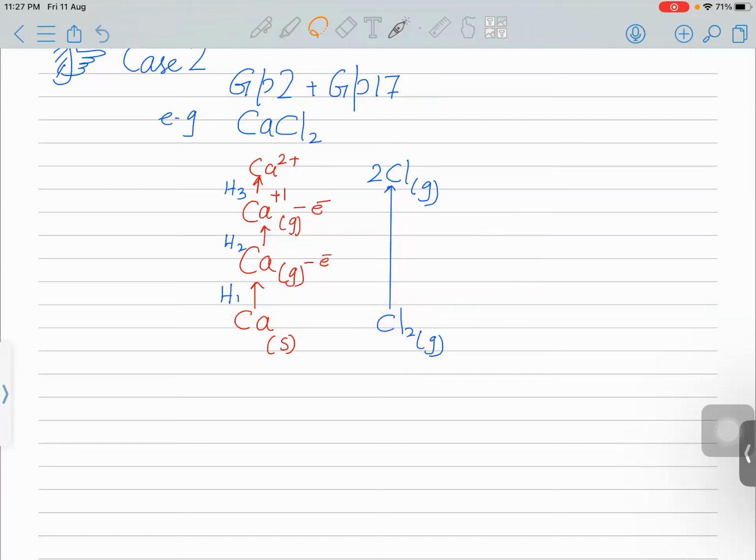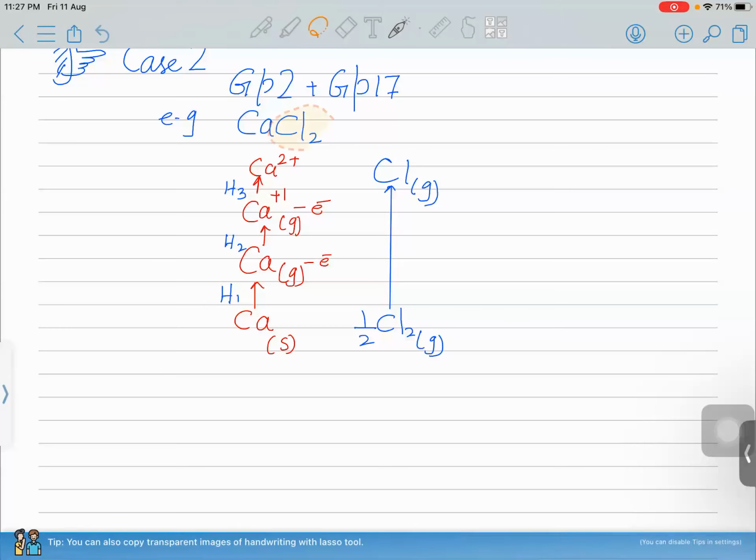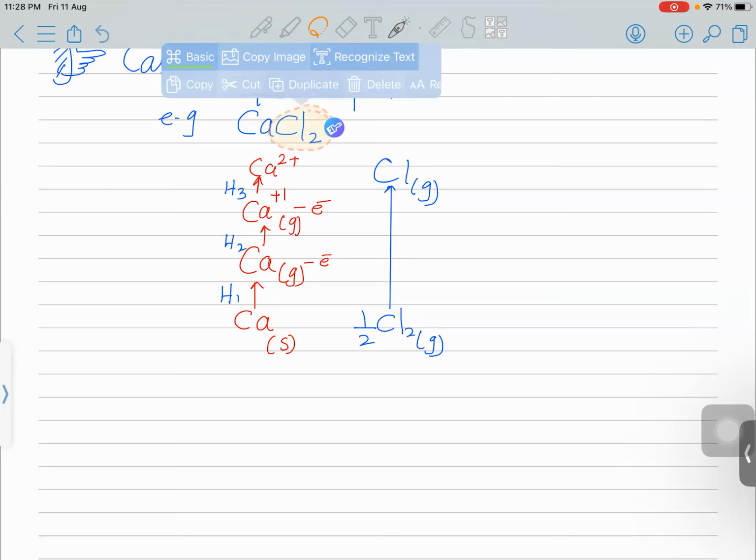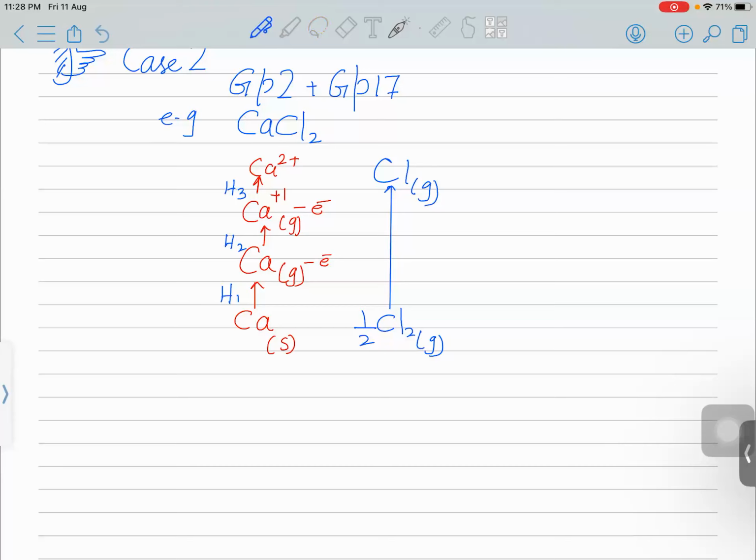When you divide by 2, you will get one chlorine, but in the question two chlorines are given. We have to follow the question. So no need to divide it by 2. Here you have two chlorine atoms. This is called H4.